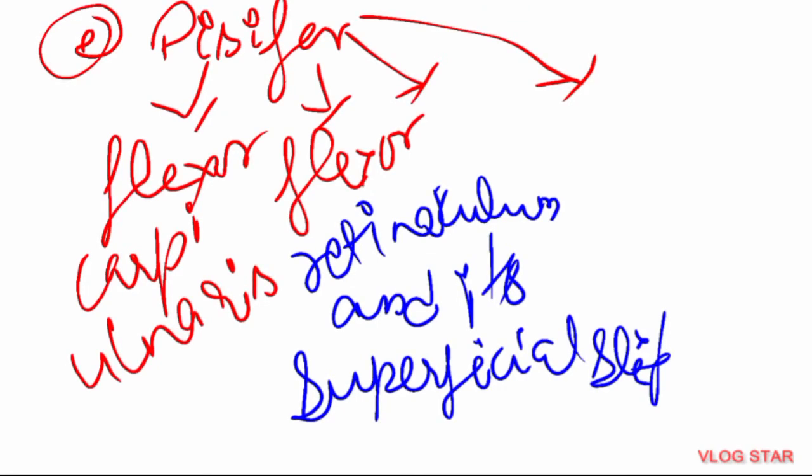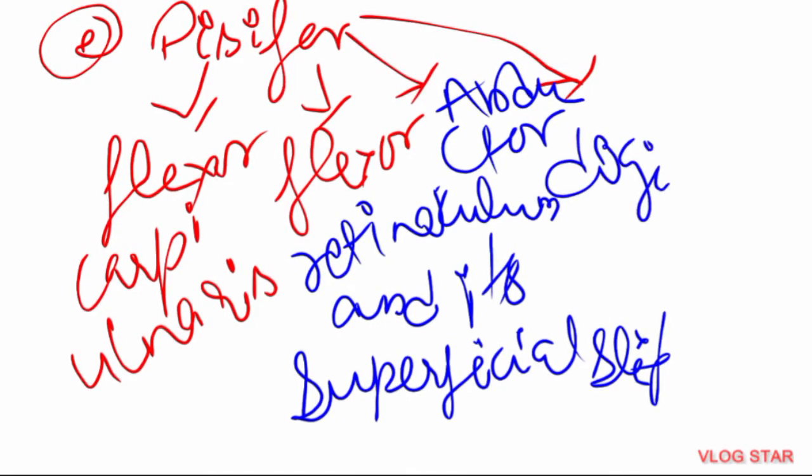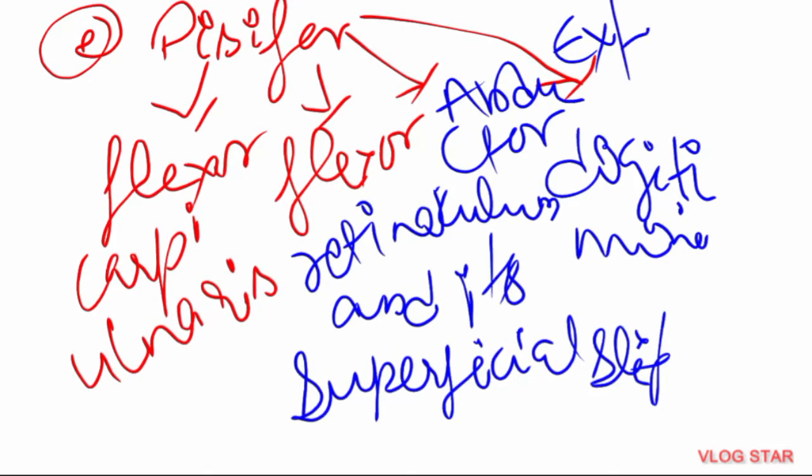And the third one is abductor digiti minimi. And the fourth one is the extensor retinaculum. Just write with me.